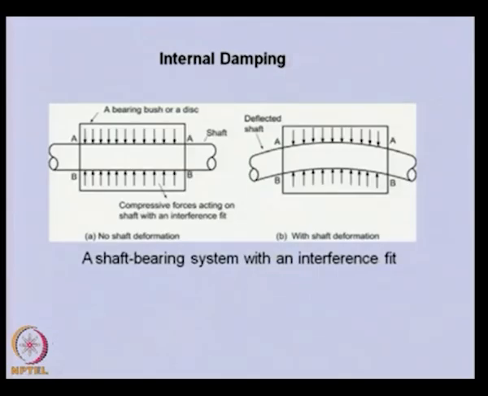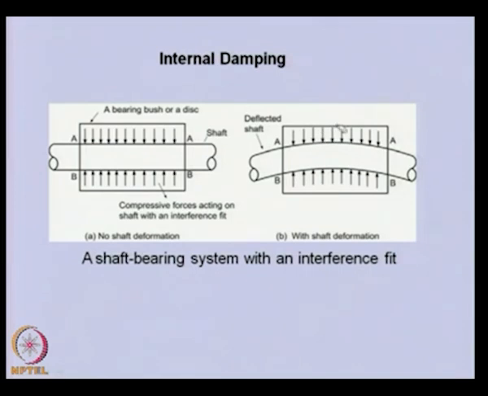So, let us understand the internal damping when we have one shaft and there is a hub or disc ring fit on it. During vibration or whirling, this shaft bends, and because of the compression already on the shaft due to interference, during the bending the upper fiber of the shaft will elongate and the lower one will get compressed.